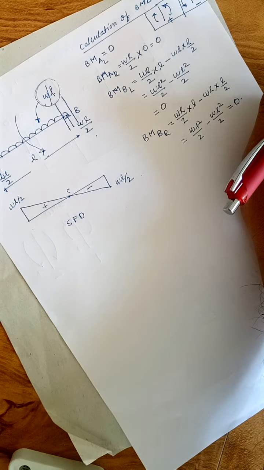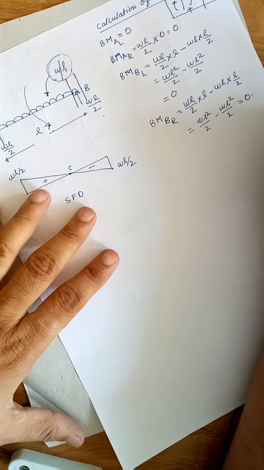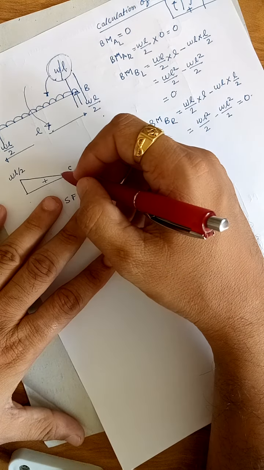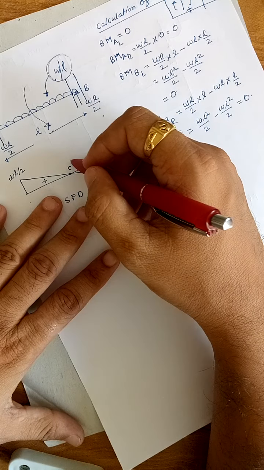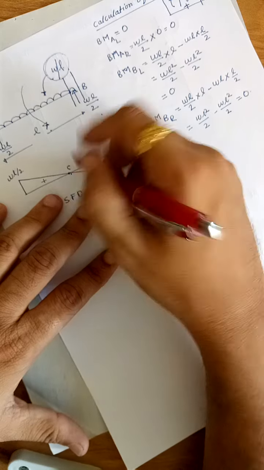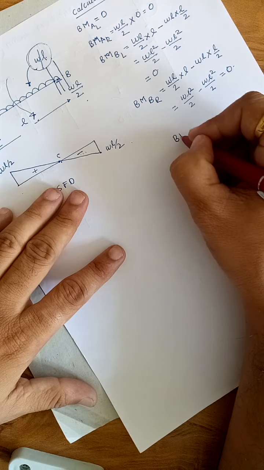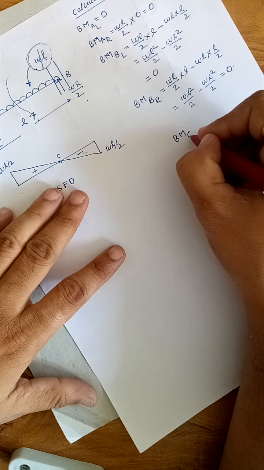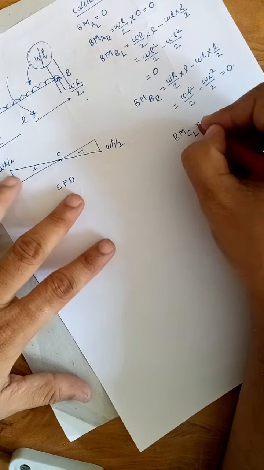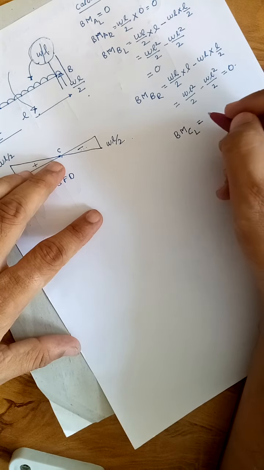As I already told you, whenever there is a change in sign of the shear force diagram, that point is considered the point of maximum bending moment. So let us consider the bending moment at C left, which is the midpoint of this beam.